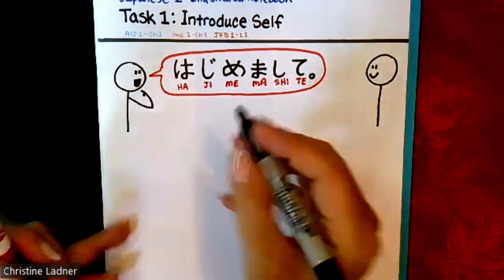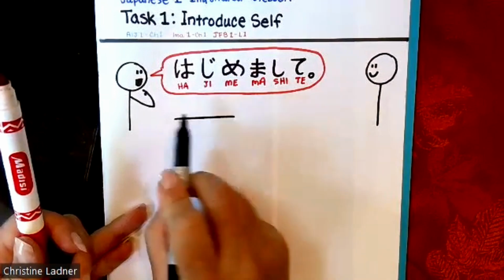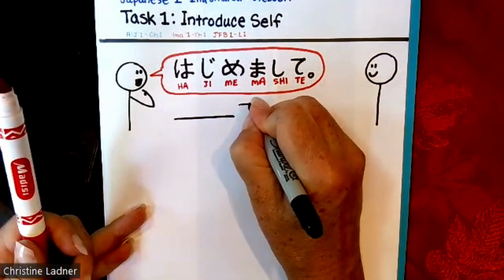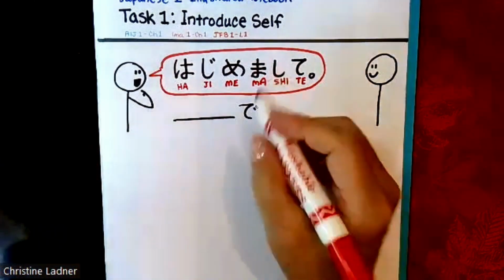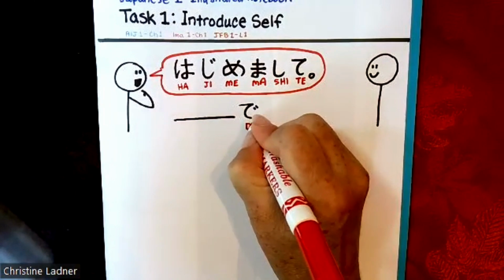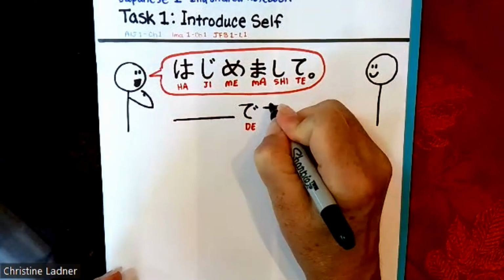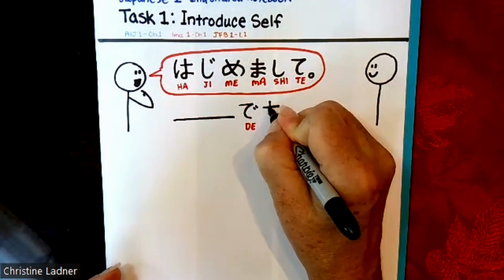Next, your name, desu. Put a blank. And then you're going to fill in later with how you write your name in Japanese. Straight across for de, curve in, 2 dots. De. Su, straight across for su. And we start up here, go down, loop down.